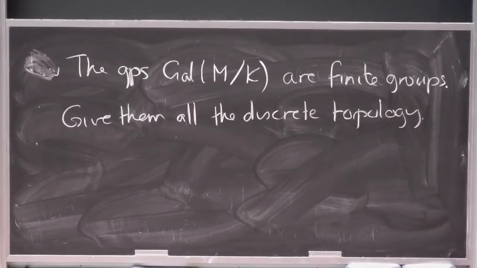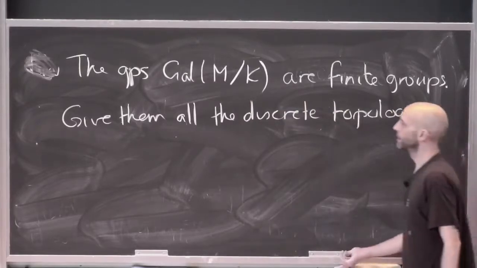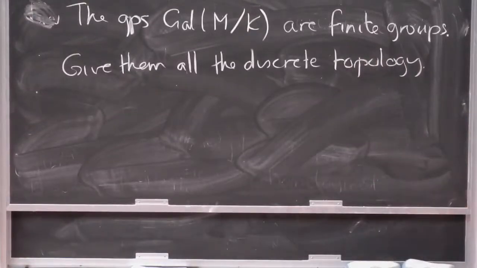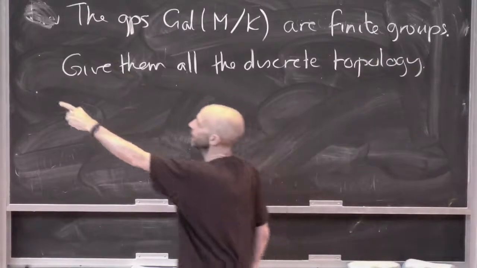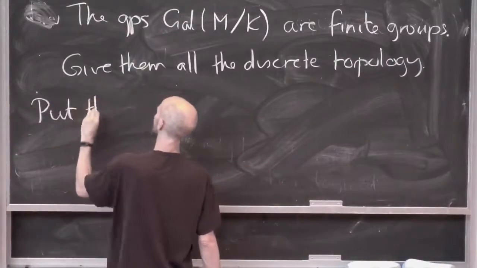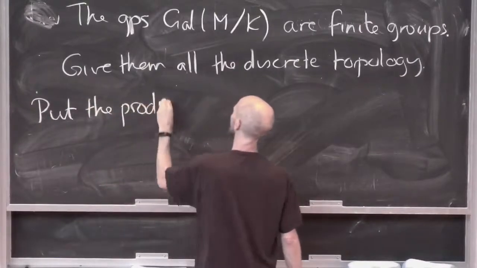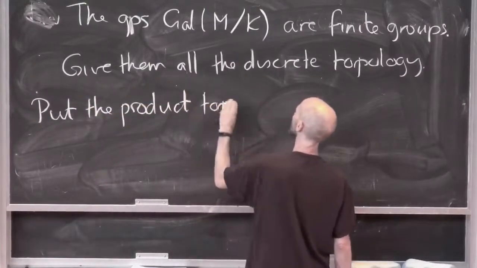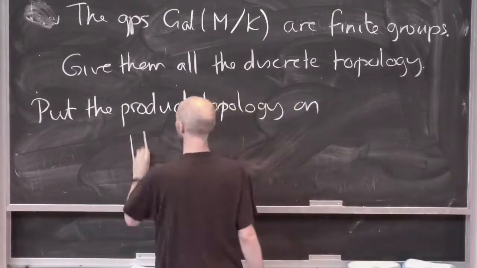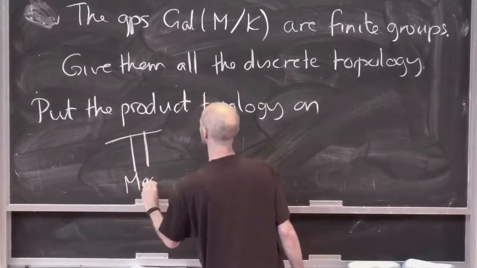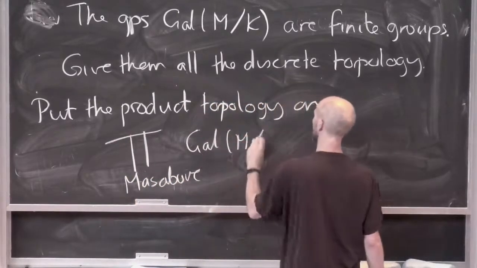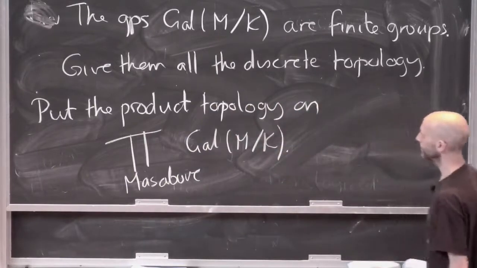If you've never seen infinite products of topological spaces, you might now make a blunder, because I want to put the product topology on this product over M as above of Gal(M/K).